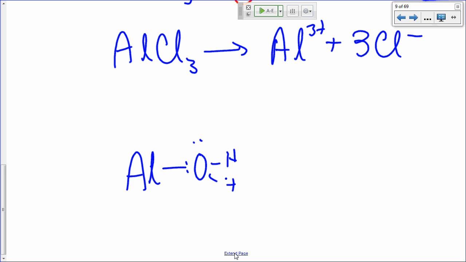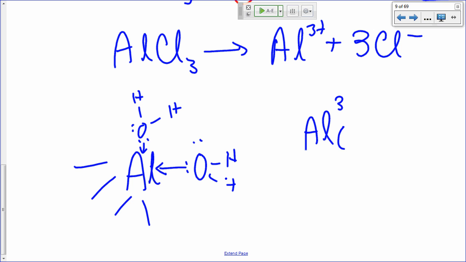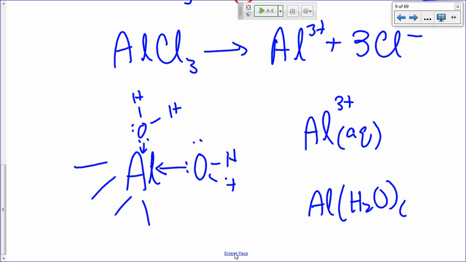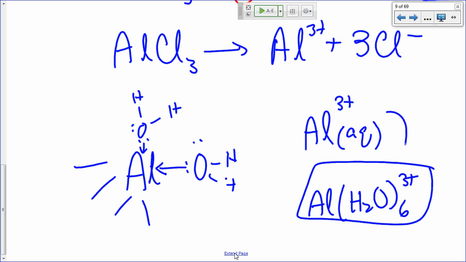So this pair of electrons on the water molecule is bonded to aluminum, and there are 6 of these water molecules that can bond to aluminum. So when we say aluminum ion in aqueous solution, what we really mean is aluminum surrounded by 6 water molecules. It's what we call a complex ion. This is a covalent bond between the oxygen of the water and the aluminum.